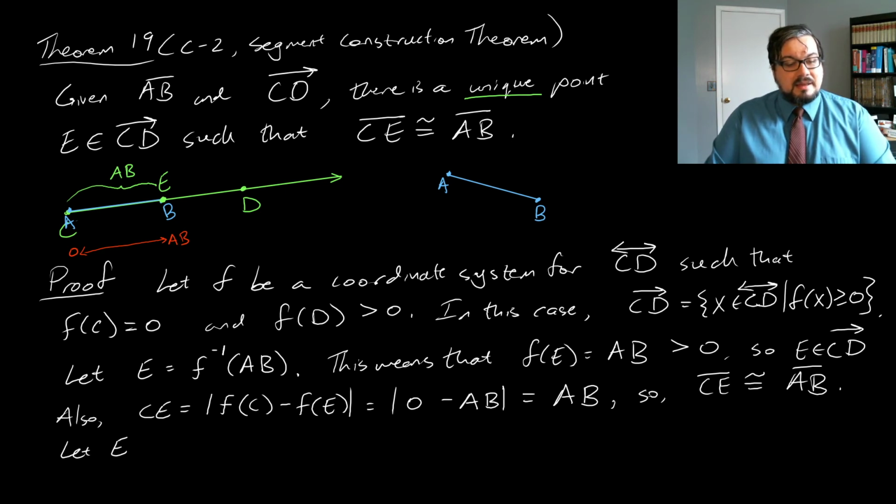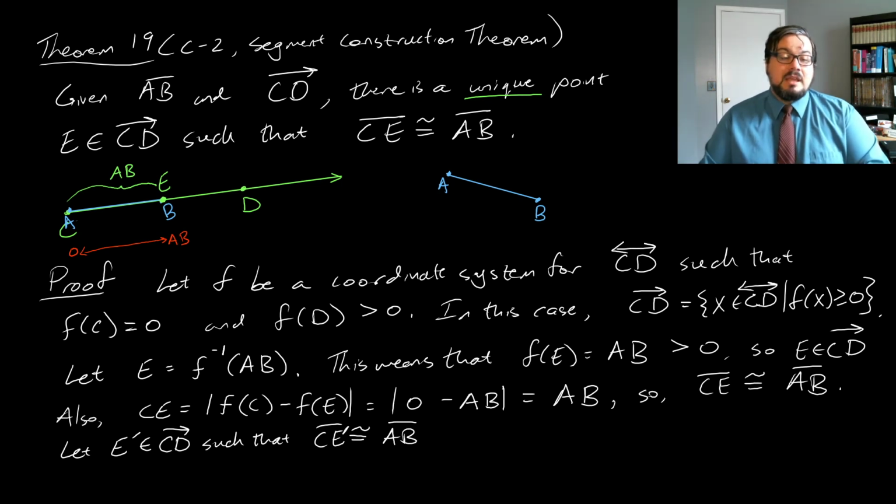So we can say, let E prime be in the ray CD such that CE prime is congruent to the segment AB. So let's suppose that E prime is another point that satisfies all the conditions that we've required of E.